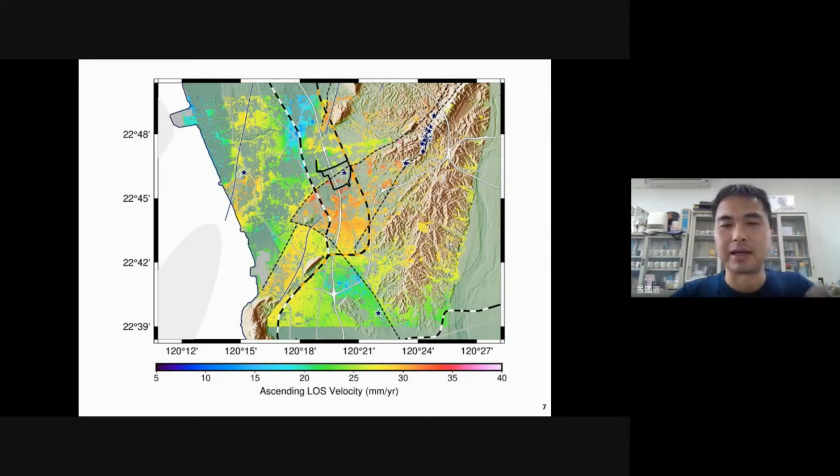Okay, so if we come back to talk about active faults and earthquakes, this is the map of the InSAR results in southwestern Taiwan.